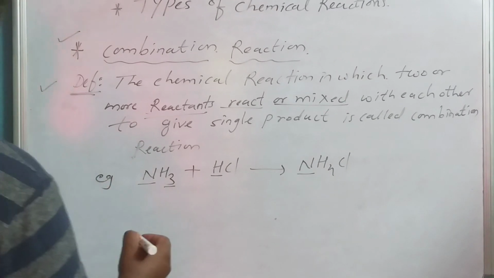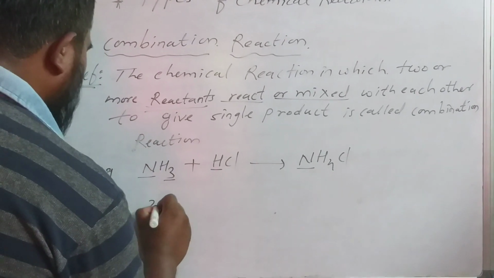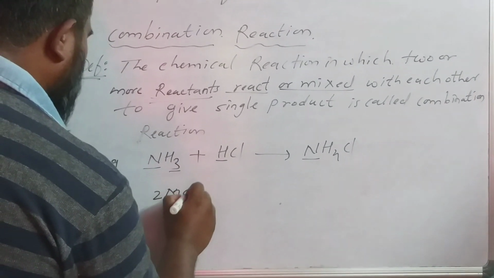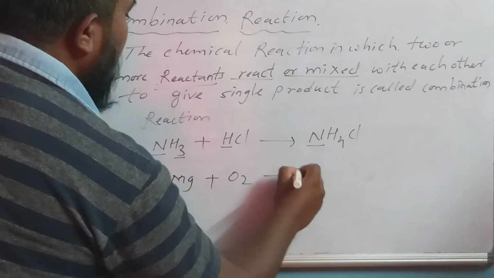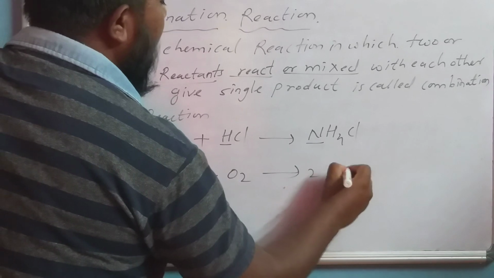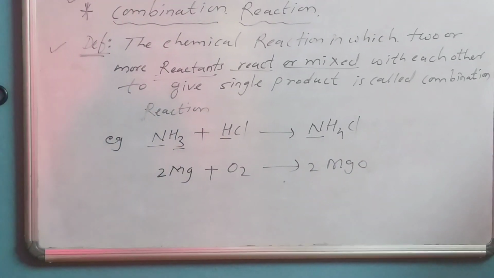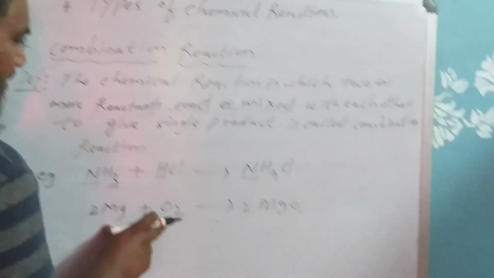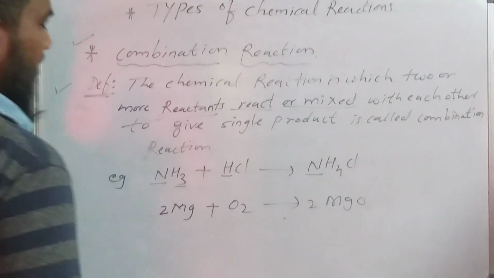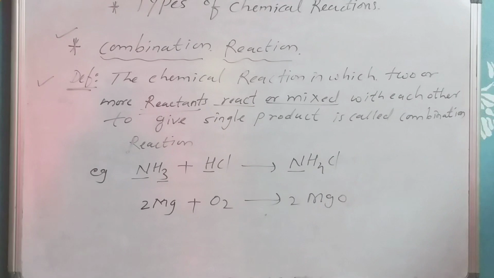Like this we have to write another example. If you want another example, we write 2 Mg plus O2 gives 2 MgO. Any example which includes two reactants and gives a single product is an example of a combination reaction.